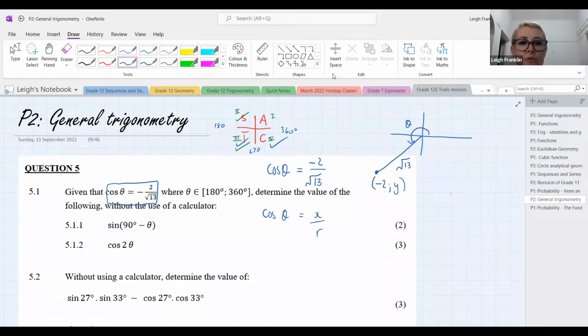What are we going to use to calculate the y? That's right, it's the hypotenuse. What are we going to use to calculate the y coordinate? There we go. Okay, so calculate the value of y. I'm going to let you guys do that using Pythagoras.